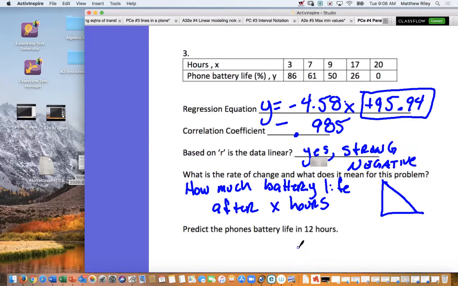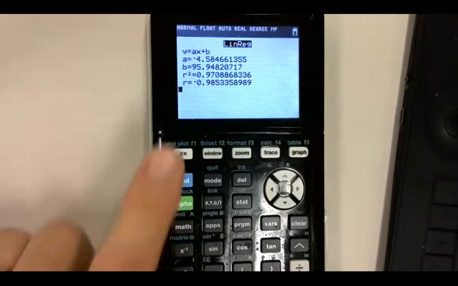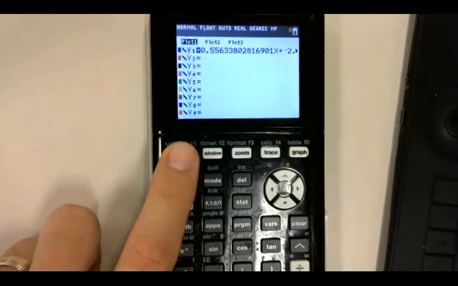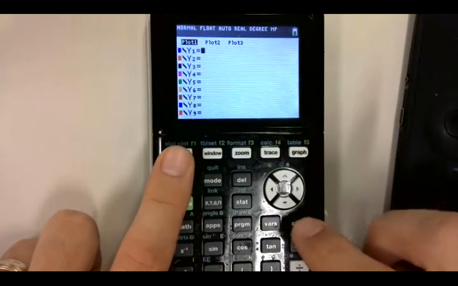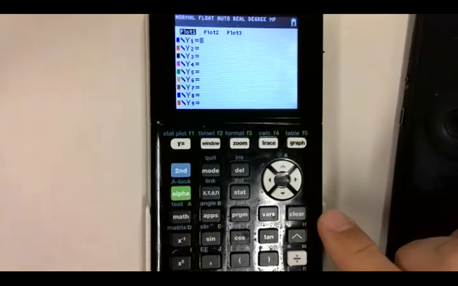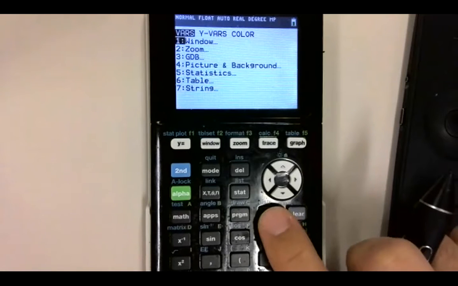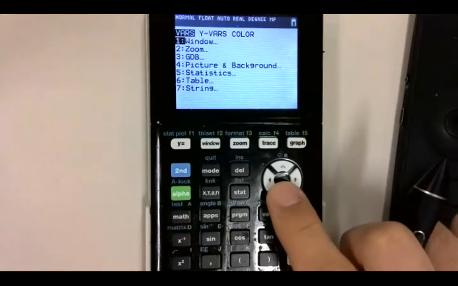Predict the phone's battery life in 12 hours. I need to come up to y equals. Clear it off. Again, how do I import this? This is the part that everybody forgets. How do I import it? Vars. What are we importing?